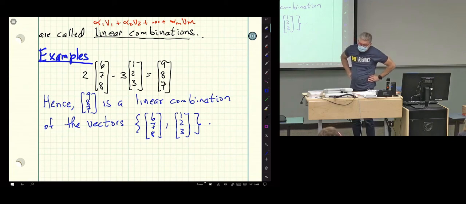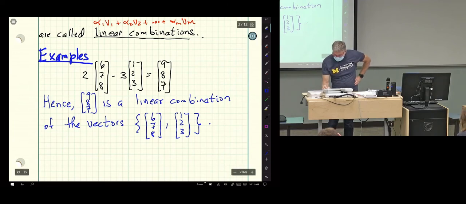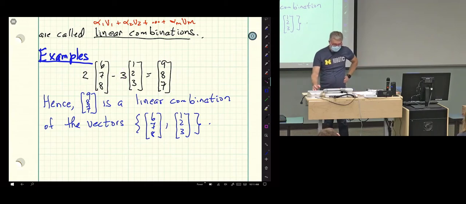Just illustrating the definition, this vector was given to me as a linear combination of two other vectors, so by definition, it is a linear combination of those vectors.